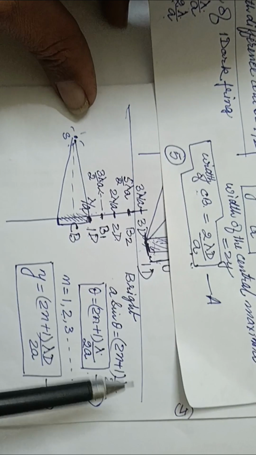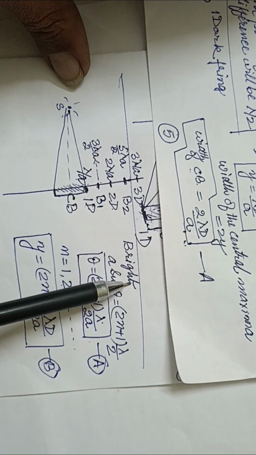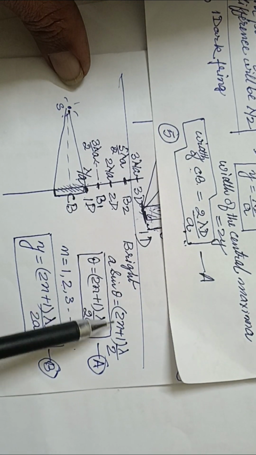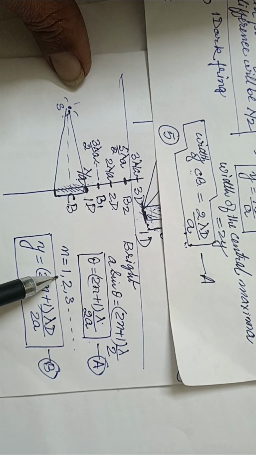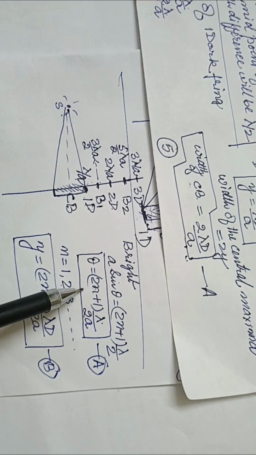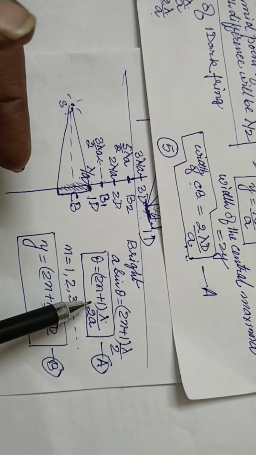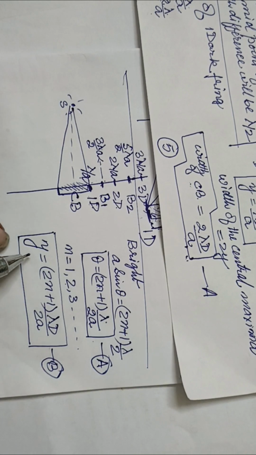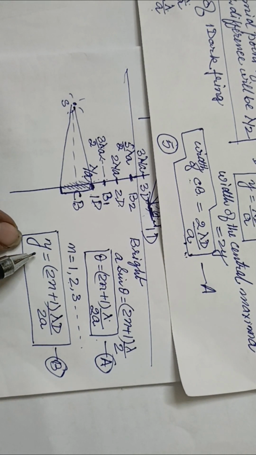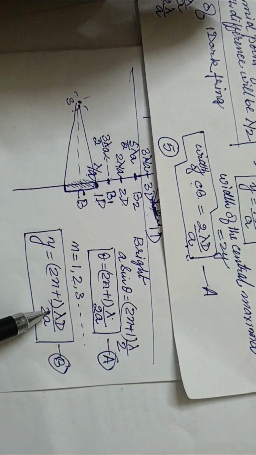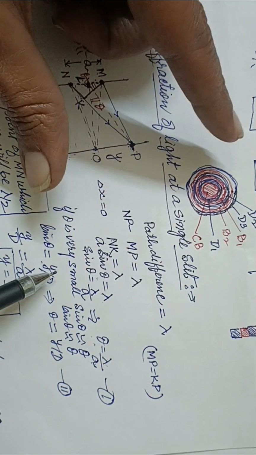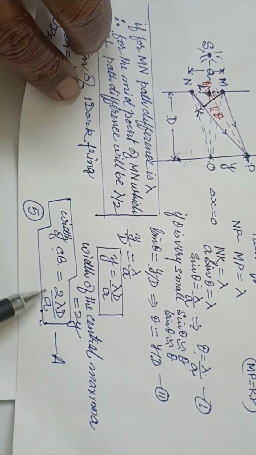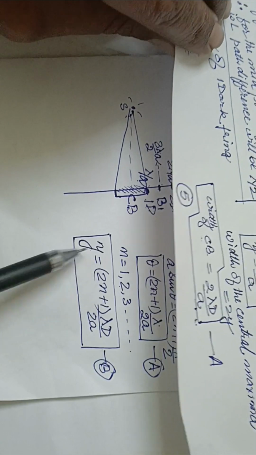We only calculated for the bright fringe; a sin theta equals this is the general formula, and when you put the value of n as 1, 2, 3, you get the first bright, second bright, and so on. If you want to calculate the position or the width, it is the distance y for the next bright, then the second bright, increasing like this, and just double that gives the width.